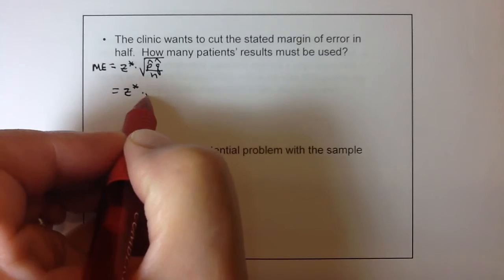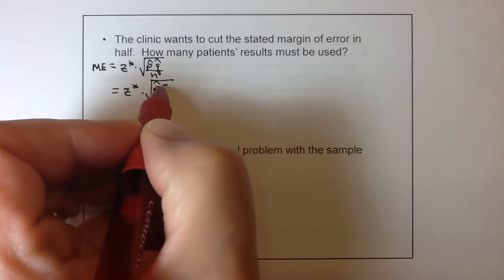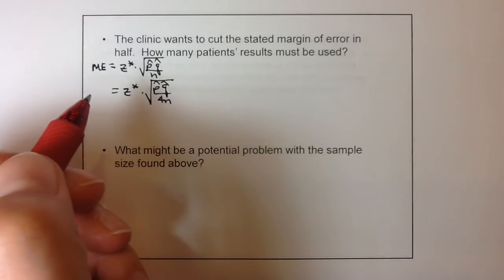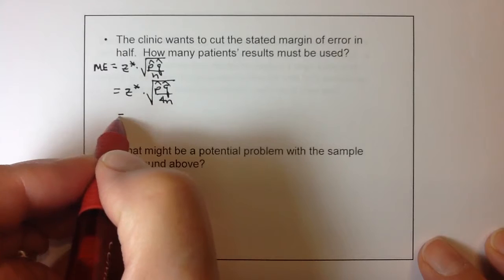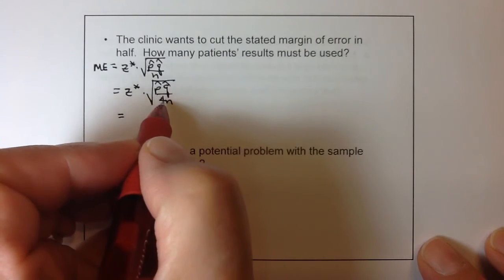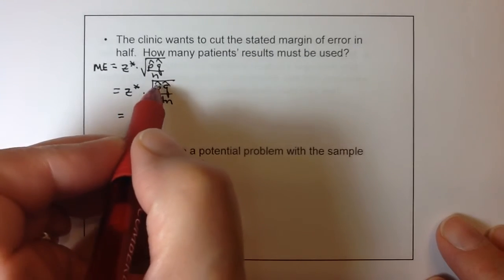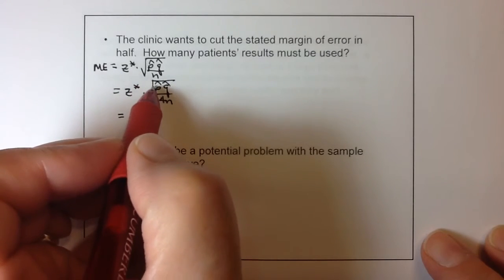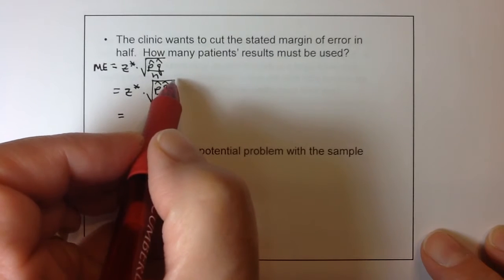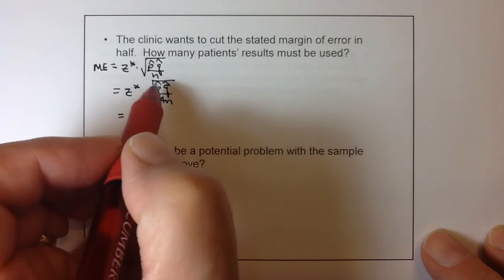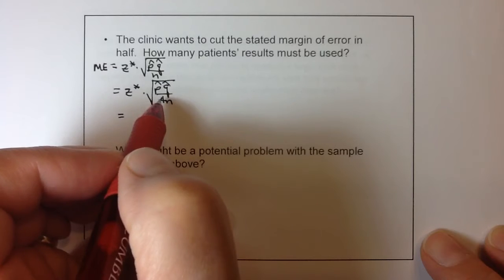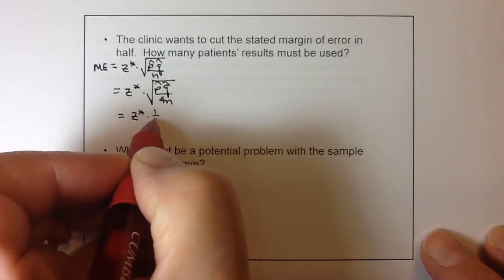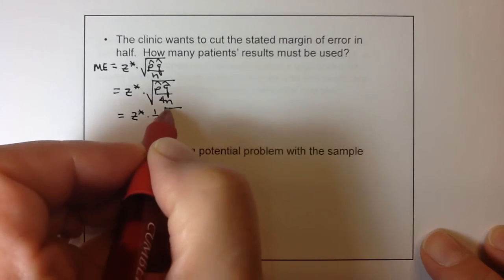If I quadruple my sample size, so 4 times the old sample size n, okay, what's the square root of 4? 2. We got an understood 1 in front of the p hat q hats, just thinking of the algebra, so there's a 1/4 under that square root. And the square root of 1/4 is, square root of 1 is 1, square root of 4 is 2, so it's 1/2. So I could pull out a 1/2 if I take the square root.